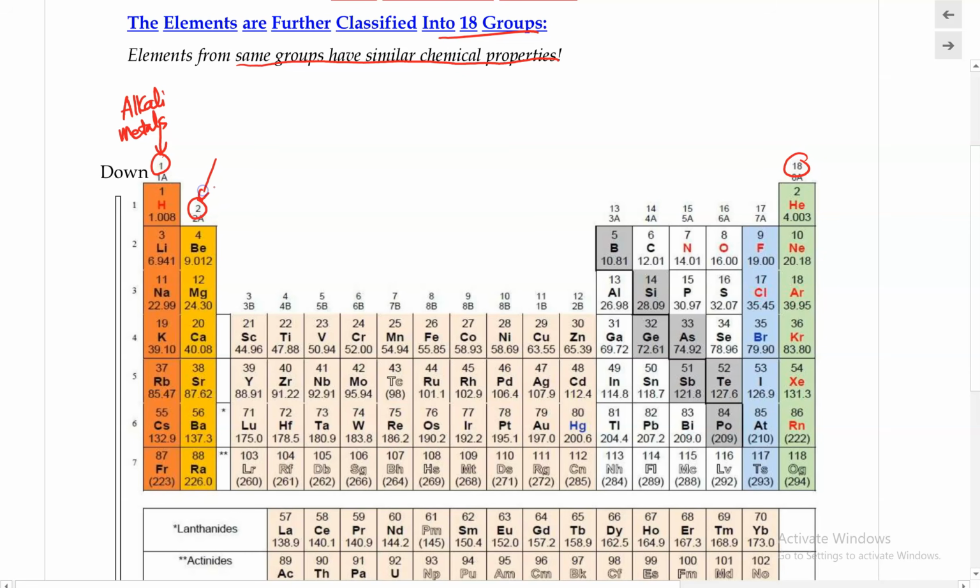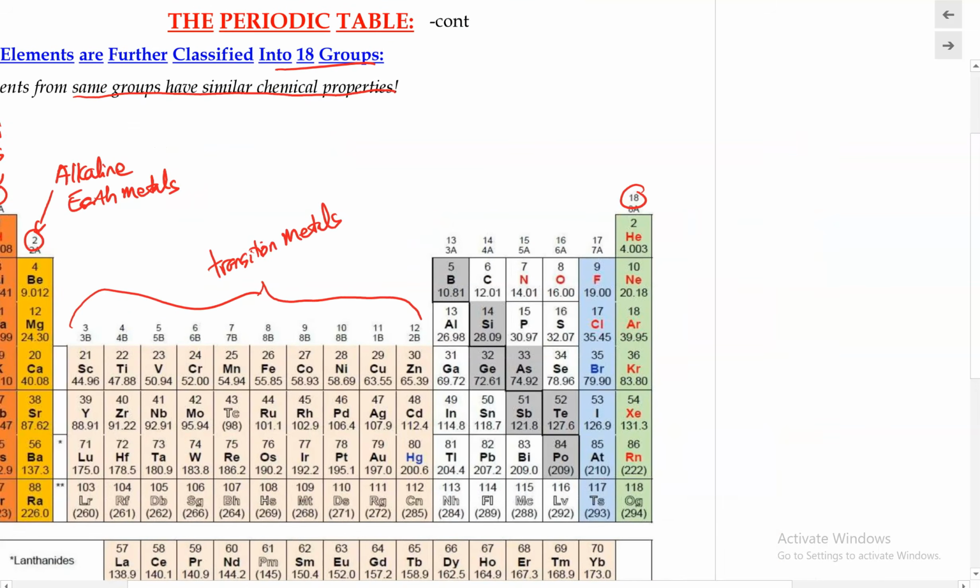Group 2 elements are called the alkaline earth metals. Elements from group 3 to group 12 are then called the transition metals. And going to this right side, this is the non-metals, and some of the groups that are interesting in the non-metals are group 17 and group 18.